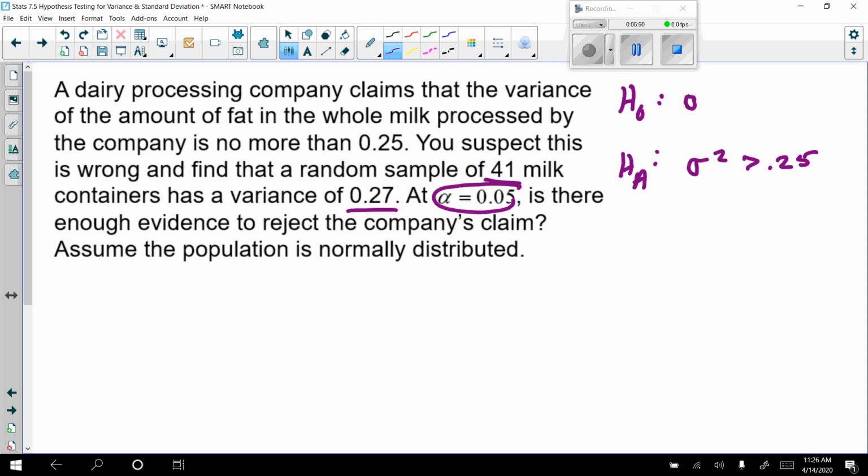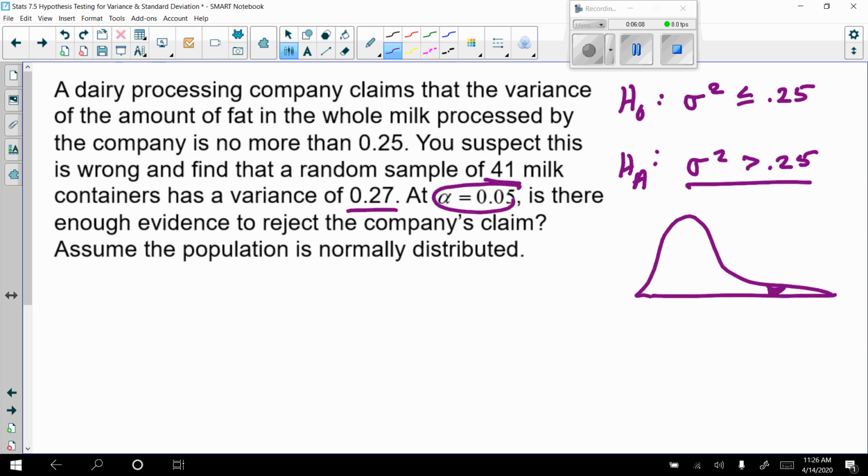Their claim is that the variance is less than or equal to 0.25. You want to be able to reject their claim and embrace the second one. That means that this is a right-tailed test. Alpha is 0.05 here.